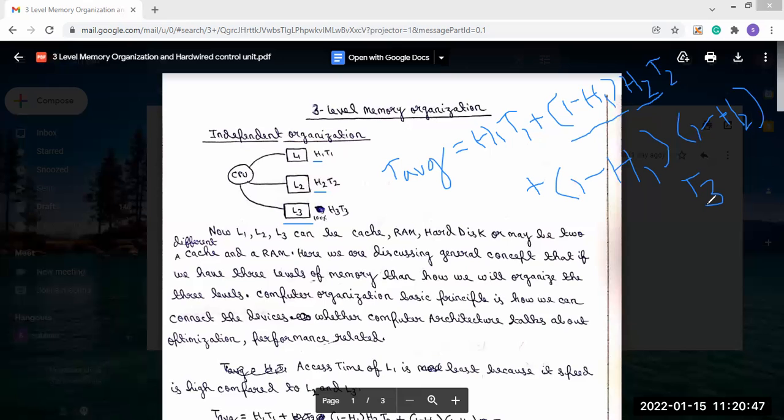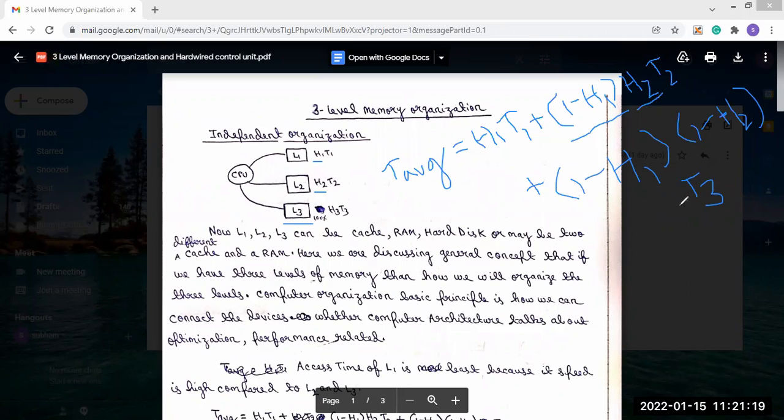You can ask why we do not consider H3. We know that the data should be present in the L3, because if the data is not present in the L3, then the data we are searching for is not present in any of these levels. Then why would we use it? So we will not consider the H3, because the hit will occur, 100% sure.